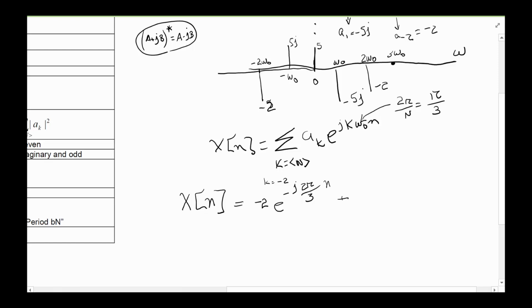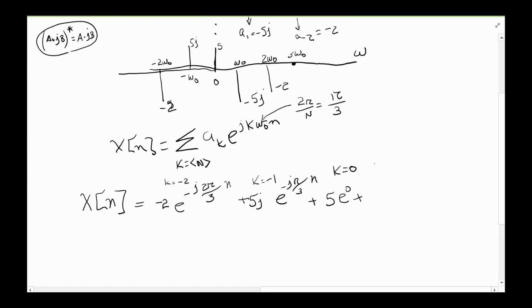Then we write the one for k equal to minus 1, where a of k for minus 1 is 5j, and e to the minus j pi over 3 n. Then we continue on to k equal to 0. For k equal to 0, the coefficient is 5, and since k is 0, it's e to the power of 0.